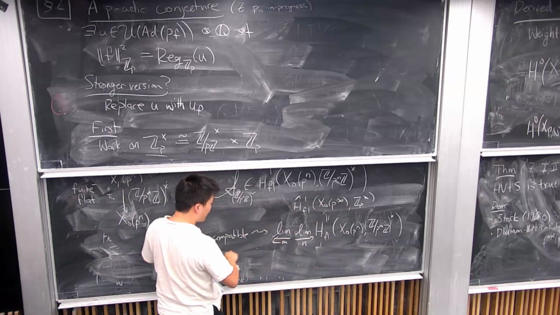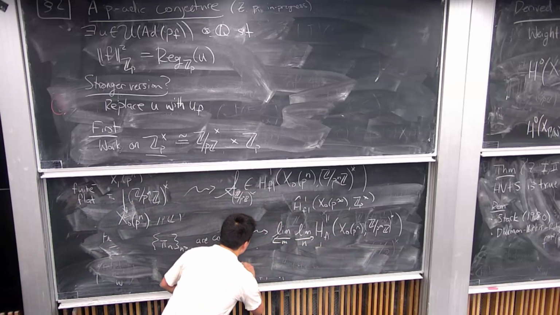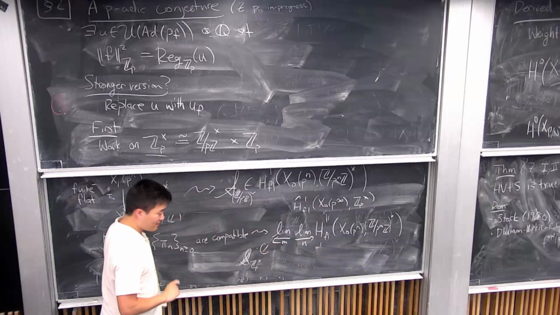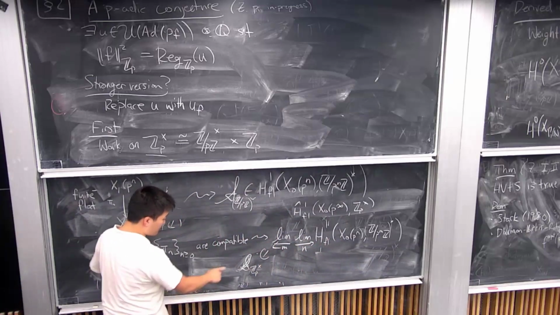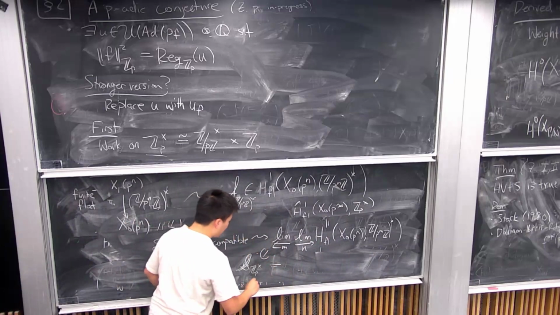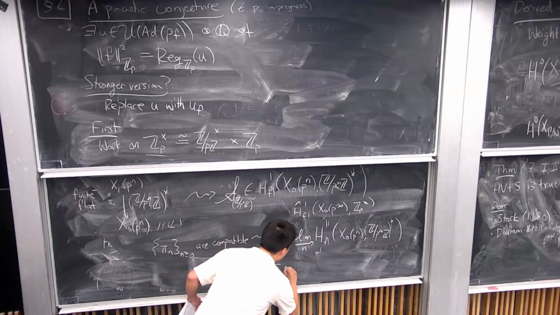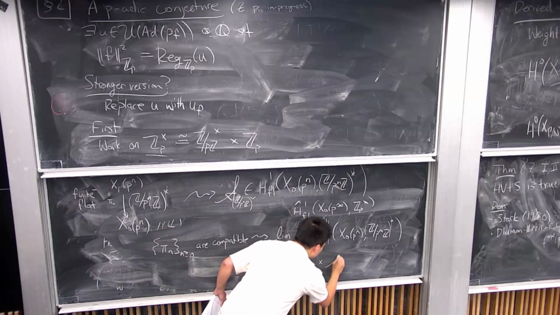So now I get some Z_p cross Shimura class. And I'm going to break this up using the isomorphism of Z_p cross as the Shimura class on Z mod pZ and the Shimura class on Z_p.